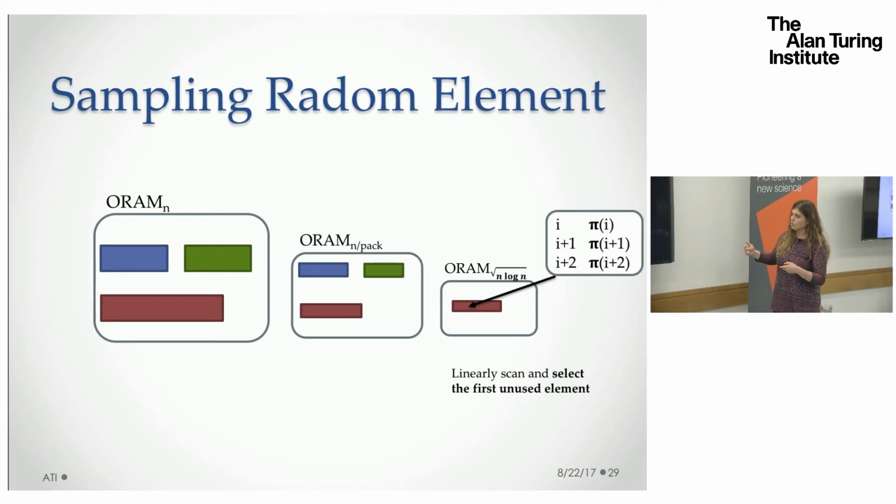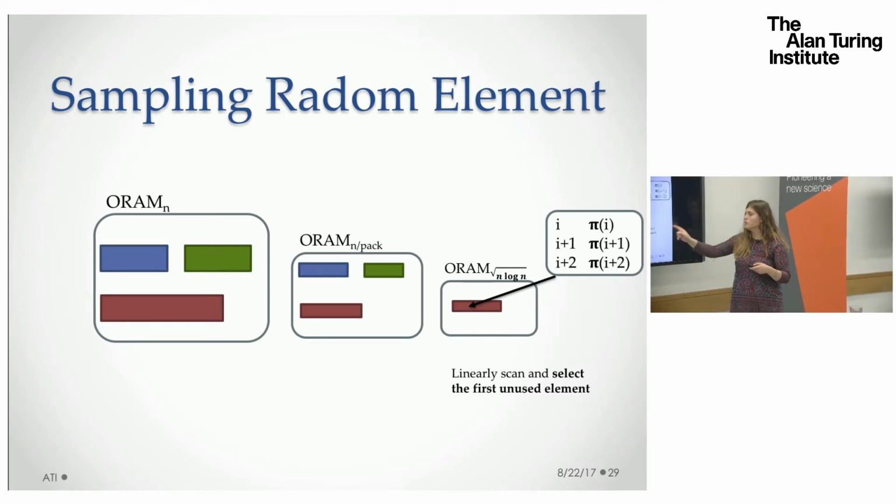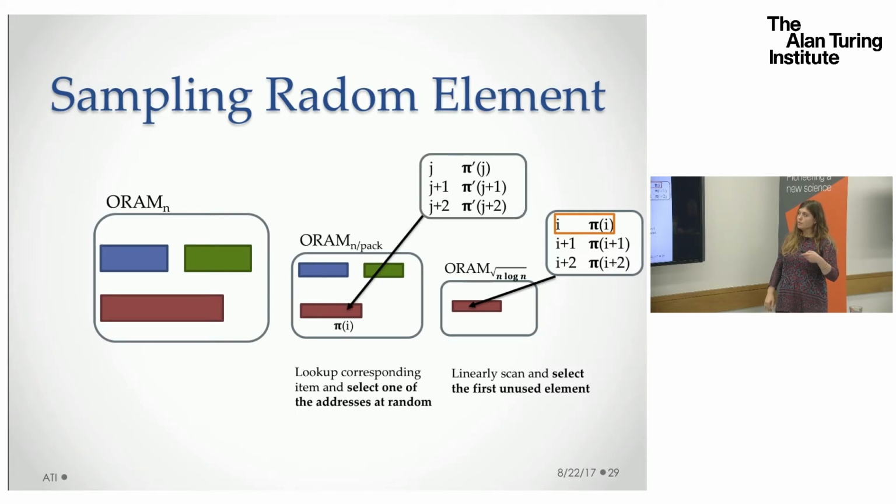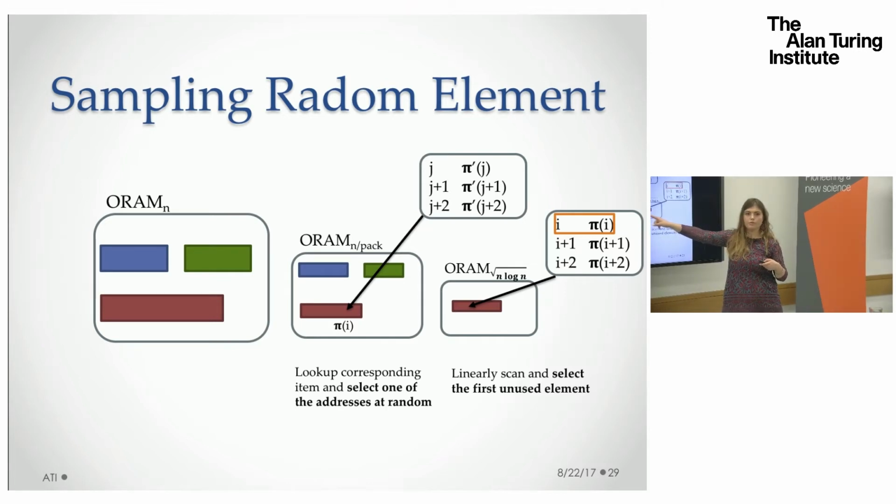So how are we going to do this? To do a dummy lookup, we will linearly scan the smallest ORAM. We will select the first unused element. Since we are doing linear scan, this is trivial. So for example, this is the first unused element. Then this element is guaranteed to sit in the main permuted memory here. So we will find the item in that permuted memory.